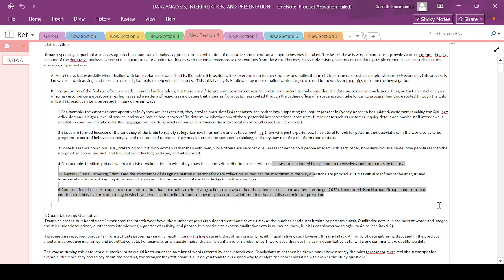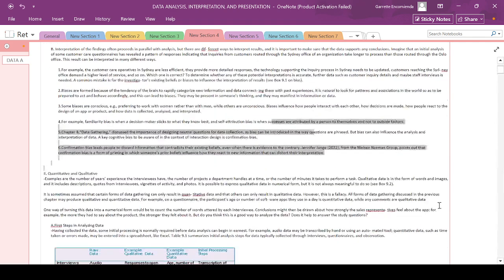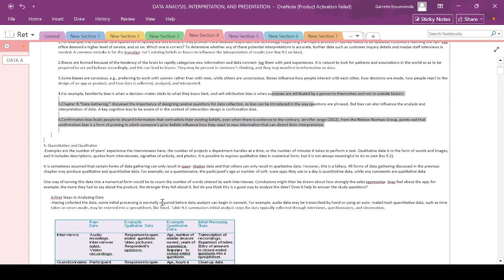Chapter 8, Data Gathering, discussed the importance of designing neutral questions for data collection, as biases can be introduced in the way questions are phrased. But bias can also influence the analysis and interpretation of data. A key cognitive bias to be aware of in the context of interaction design is confirmation bias.